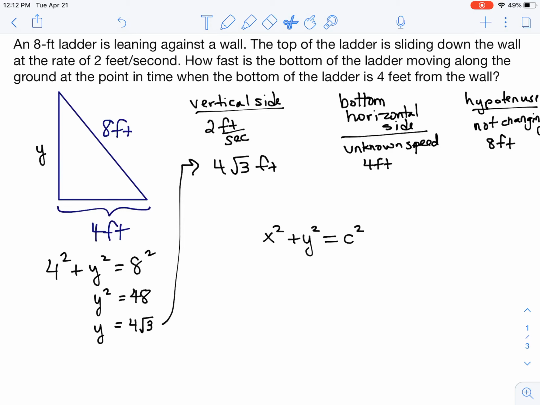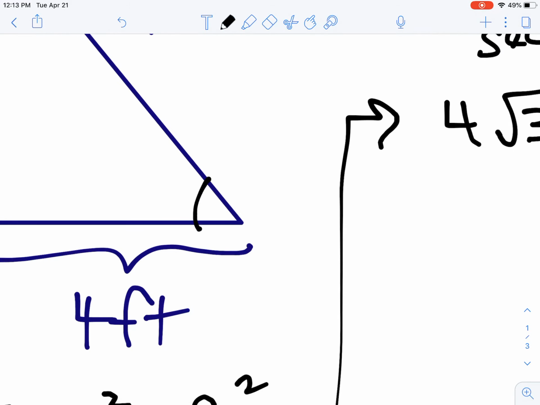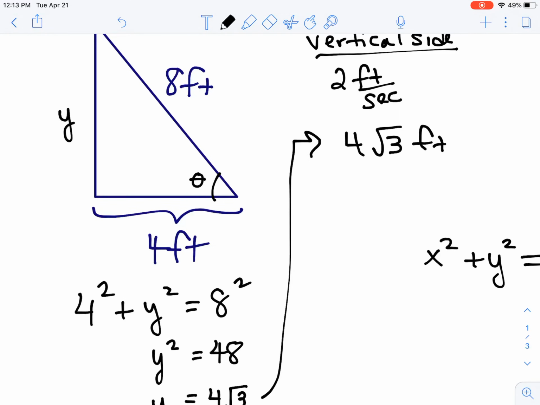I don't know if you noticed this, but this is actually a 30, 60, 90 triangle. I'll do one more video, maybe today, where the angle is changing. If this is my angle theta, you can imagine that it's going to be changing as well, and sometimes we want to find out how the angle changes.